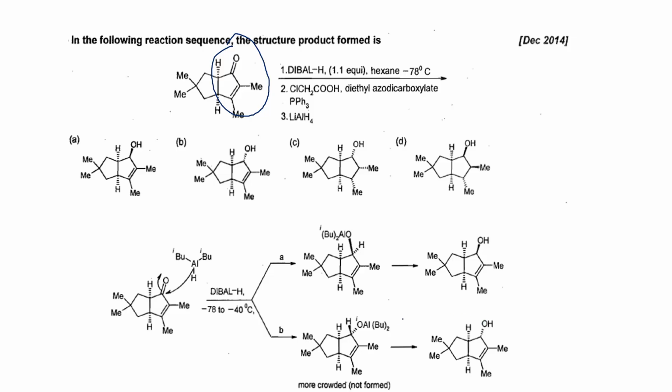But if you just imagine this structure in a 3D way, these two 5-membered rings, because both the H are below the plane, the structure is like this.